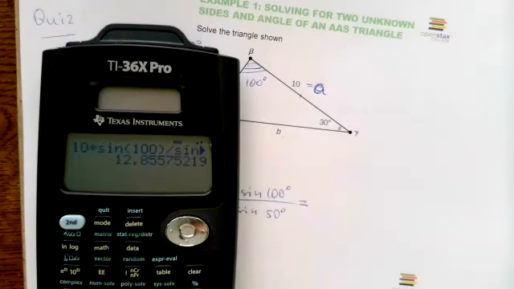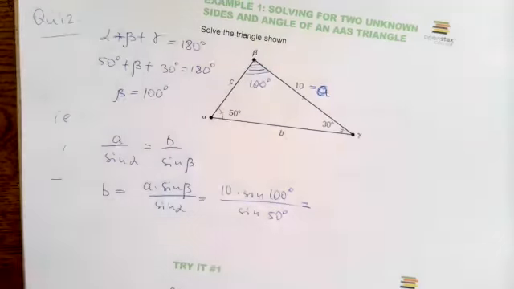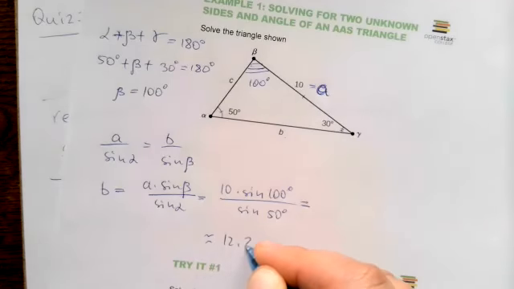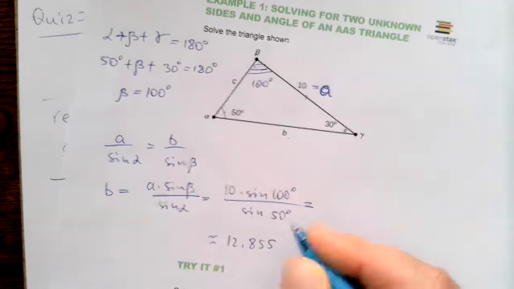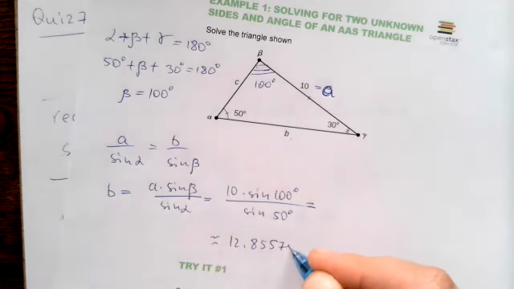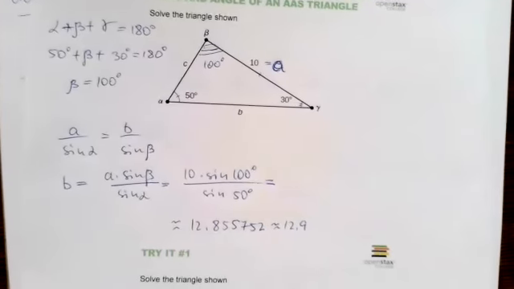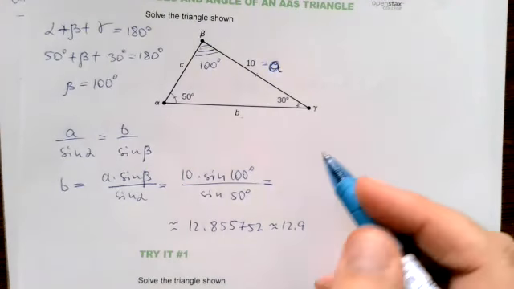And we get approximately 12.855. So approximately 12.9. Okay, so that's B.